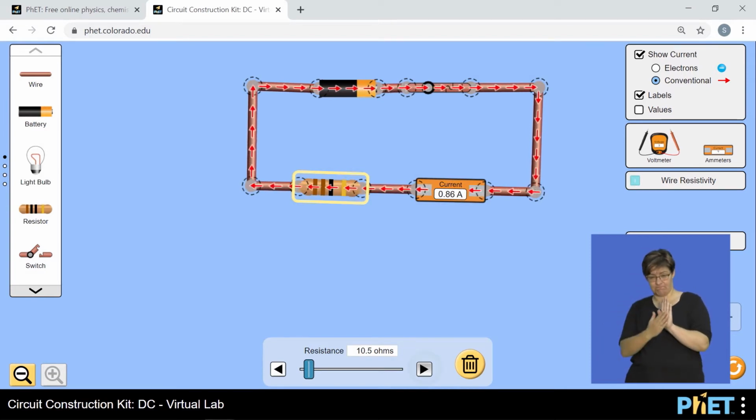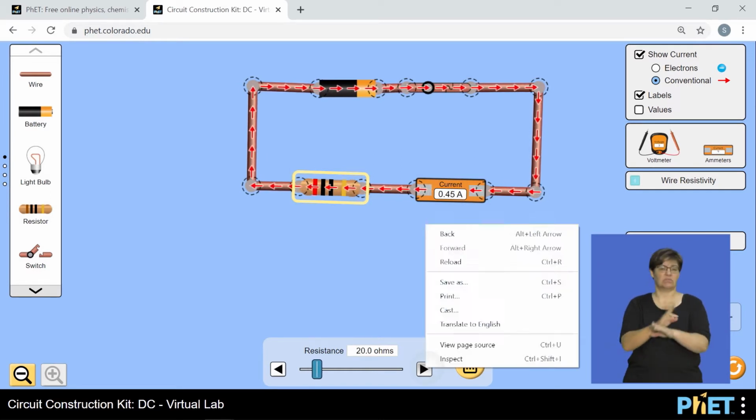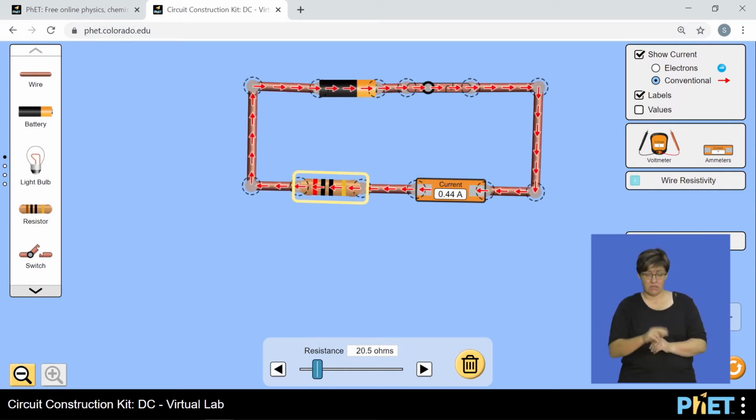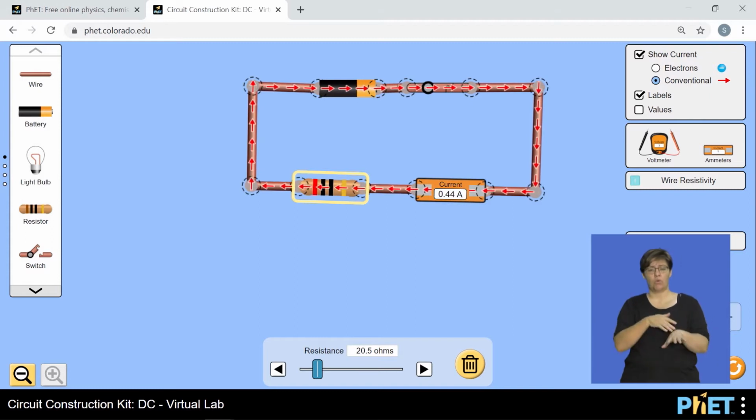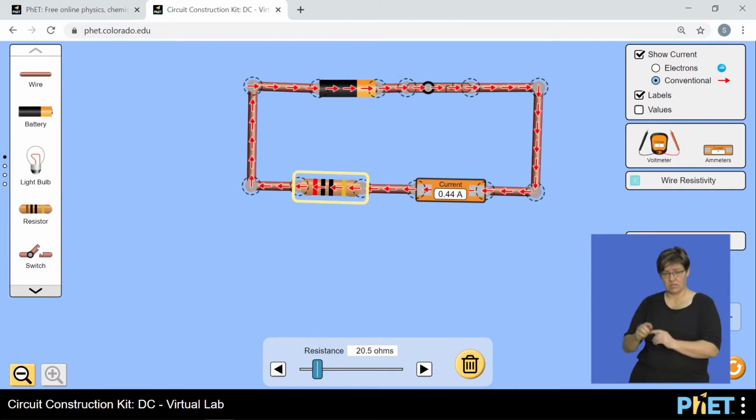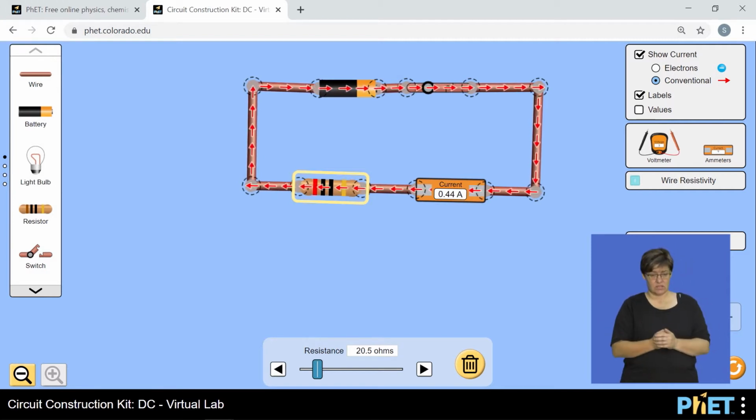So if we double that, let's say to 20, right? You can immediately tell that the current is even lesser in magnitude. You can see there is greater opposition to the flow of charge. Even the current reading is almost half of what we had initially, okay, if we make it 20, it's actually exactly half the current, which is 0.45 amperes.